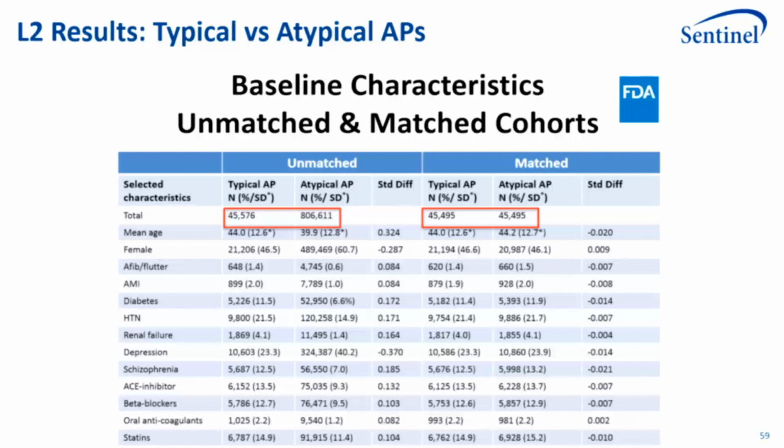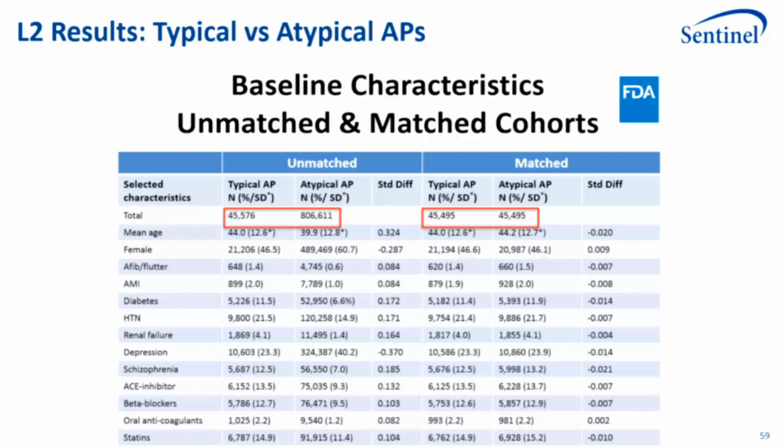Between the unmatched and the matched cohort, you can see for the antipsychotic query, we lost a significant amount of people after propensity score matching. We actually lost over 90% of atypical antipsychotic users. This is a very classic bias-efficiency trade-off.